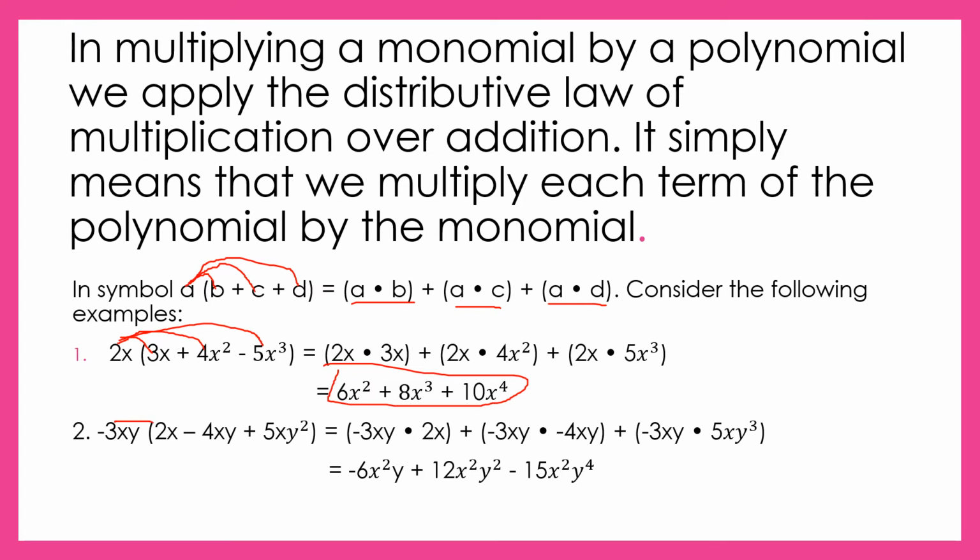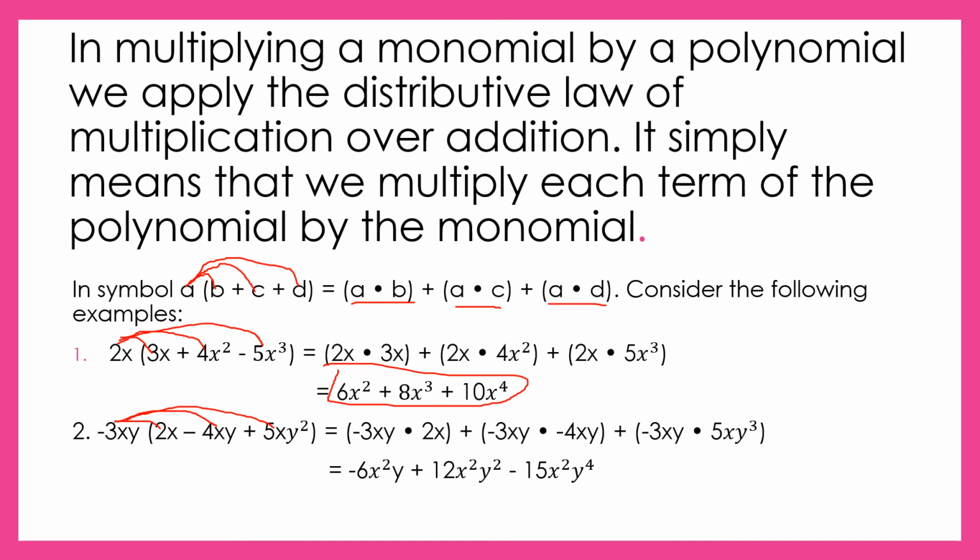Then here, please follow the arrow. So we have negative 3xy times 2x, and then negative 3xy times negative 4xy, plus negative 3xy times 5xy cubed.